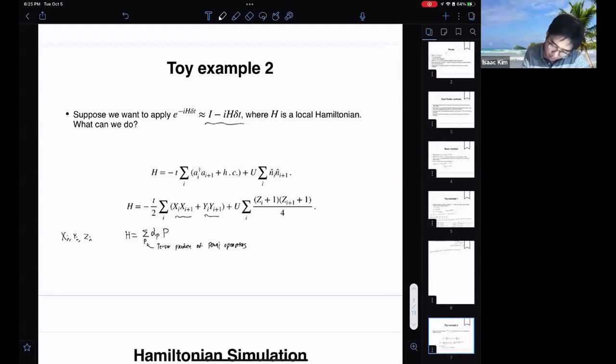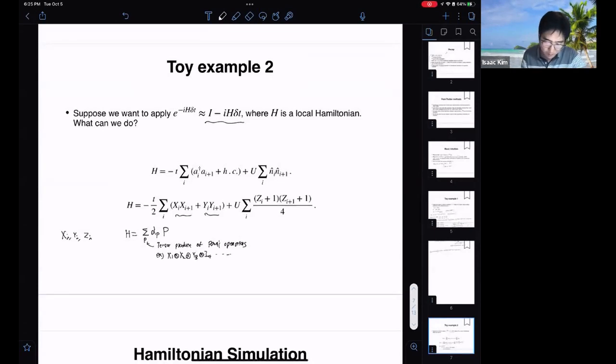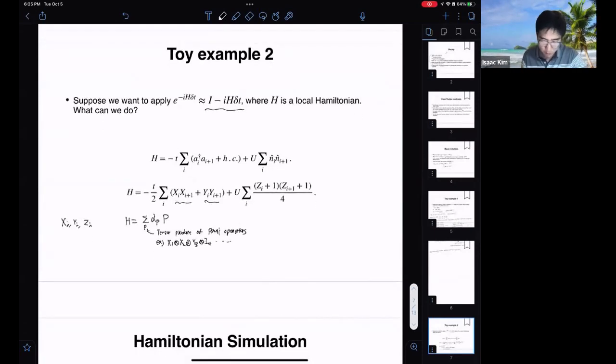It's the same thing. So for example, X1 X2, Y1, oops, Y3 4, things like that. And you can write down the Hamiltonian in this way. And let's see, so what would you do now? So now to do the analogous thing, I would prepare an extra register in this state.